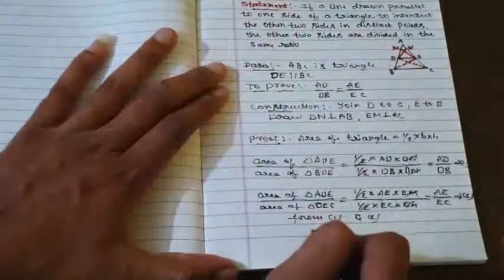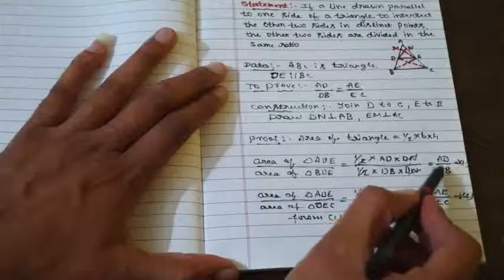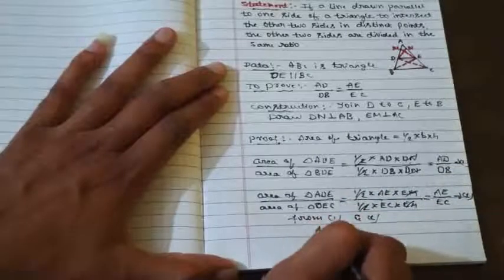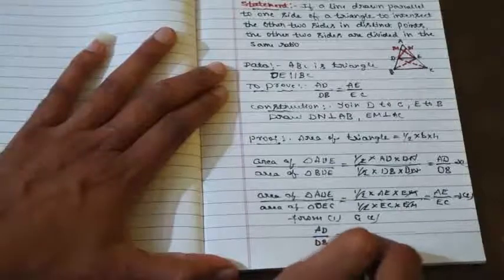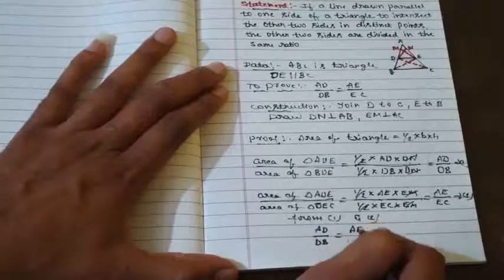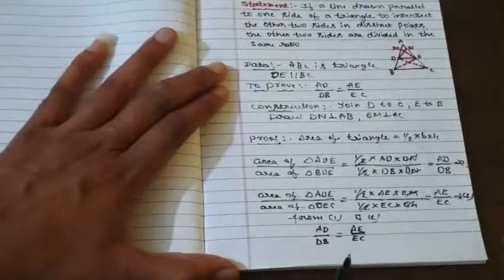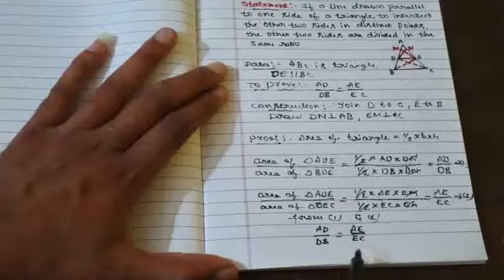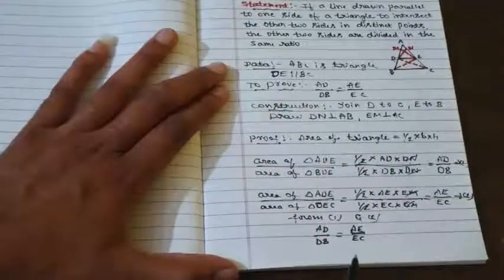So from 1 and 2 you can write whatever remains: AD divided by DB is equal to AE divided by EC. That will be the 2 proof. Hence we have proved.